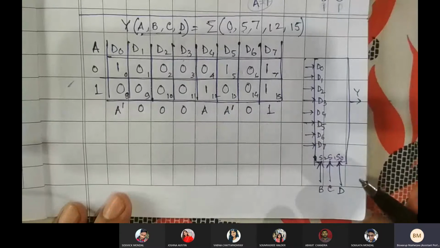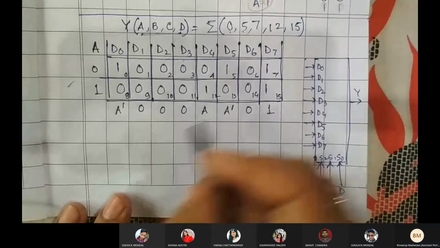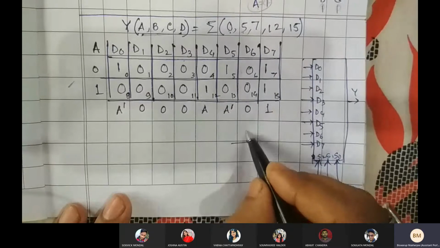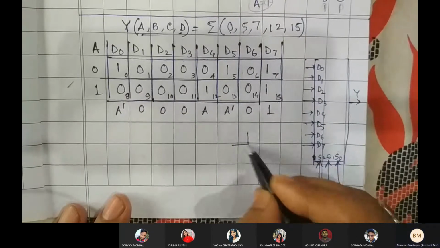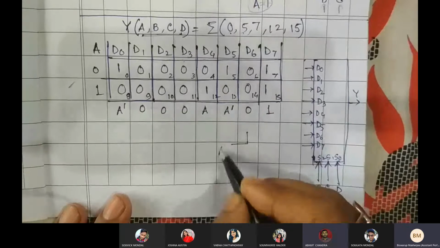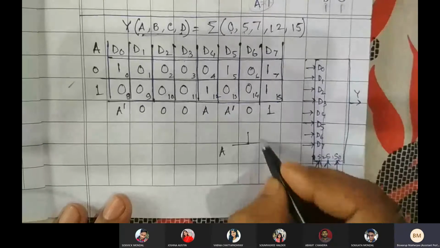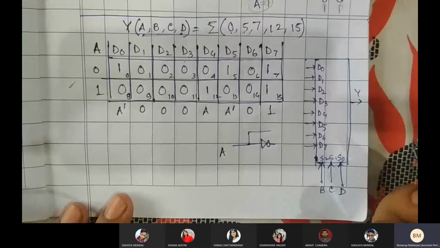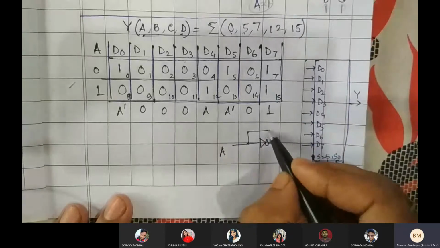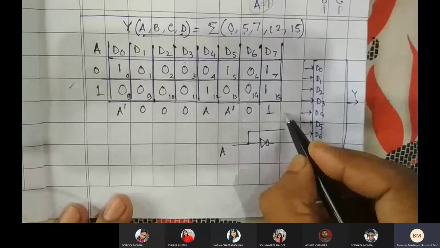So how many inputs are connected with A and A bar? So maybe this one is A and this one is A bar. Okay. So A should be connected with only D4. So I am connecting it with D4.